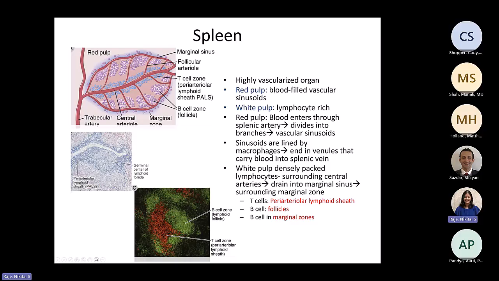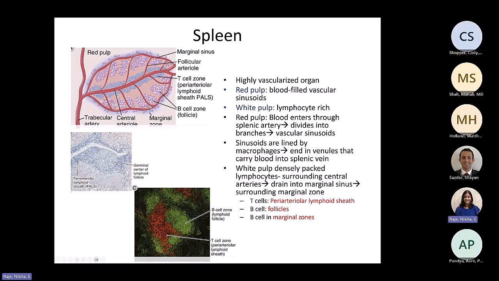On the other hand, the white pulp has densely packed lymphocytes, and they typically surround the central arteries. Here is a central arteriole, and the lymphocytes are around it. These central arterioles then drain into the marginal sinus surrounding the marginal zone. Here, the lymphocytes form two zones, a T cell zone and a B cell zone. The B cell zone is the follicular region.